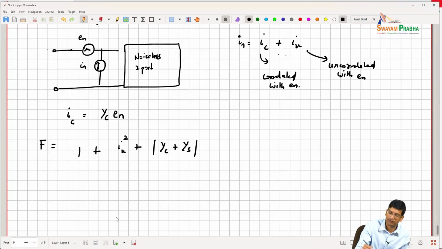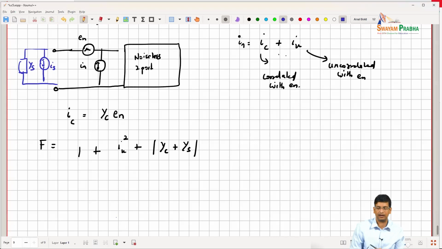So if I'm driving this with a source that is Ys, right? And the source has a noise itself that is Is, right? So then I get this times En squared divided by Is squared.